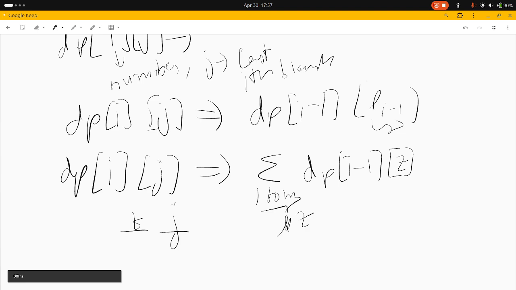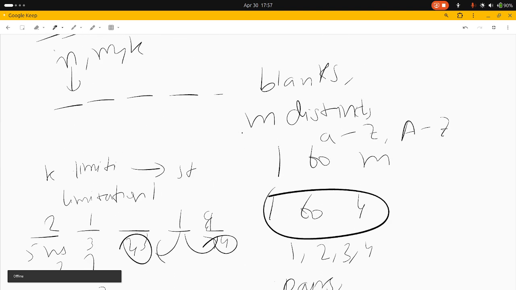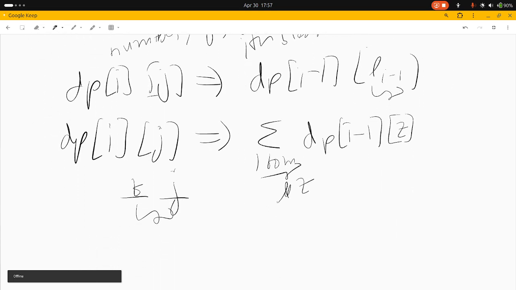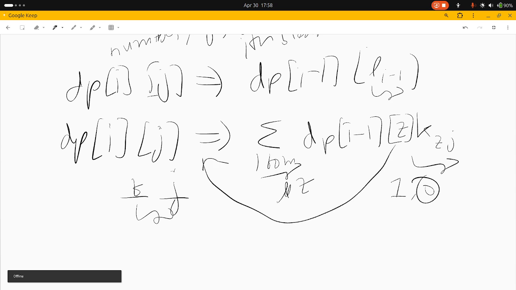So we have to check whether there is z j in the limitations. So k z j can be 1 or 0 depending on the limitation. If there is a limitation, it should be 0 because we cannot go from z to j. But if there are no limitations, we can go to j, so it's 1, and we multiply by 1 and add this.